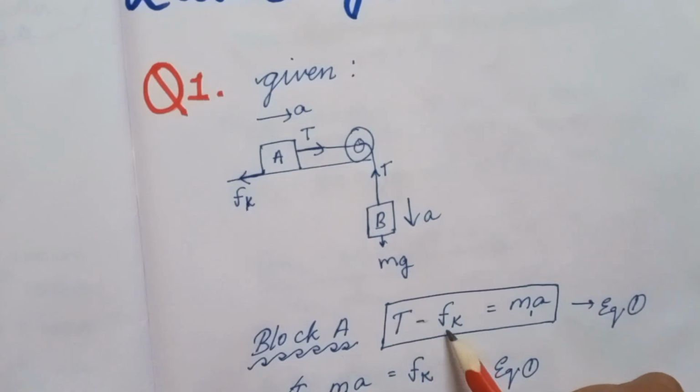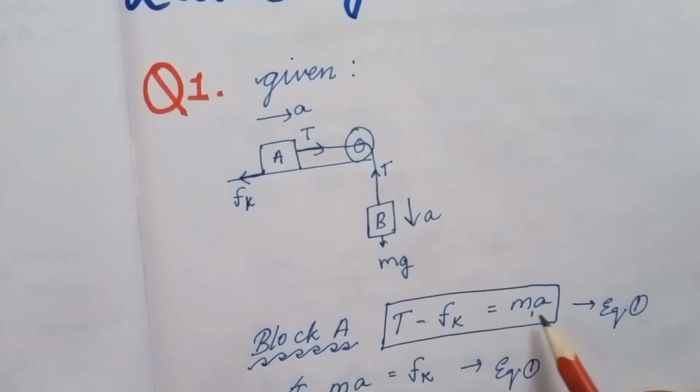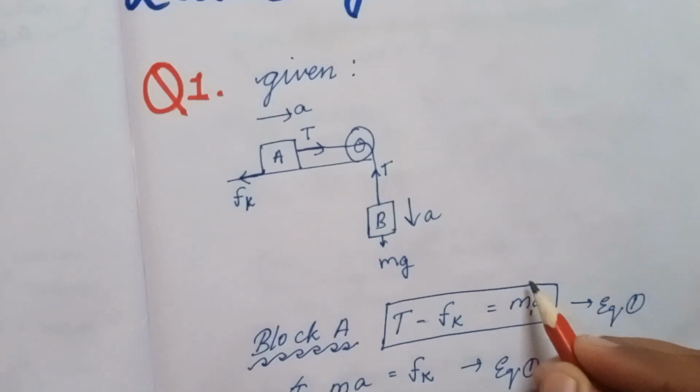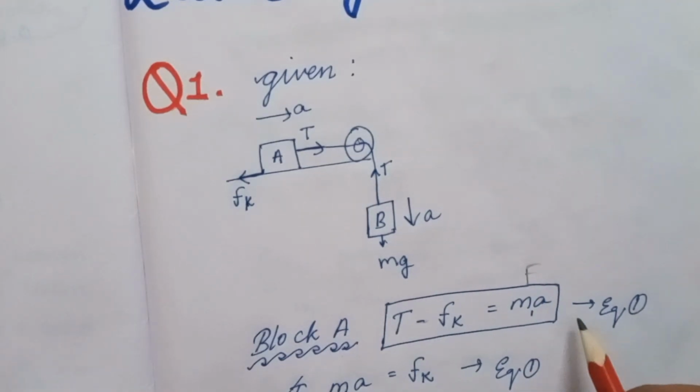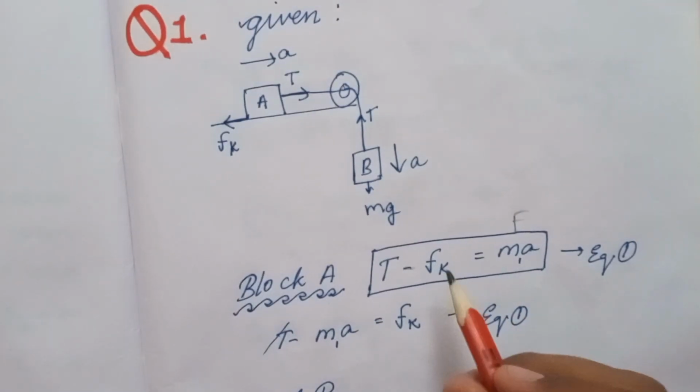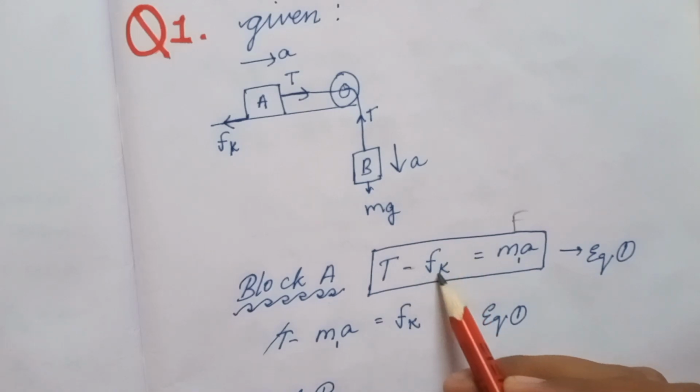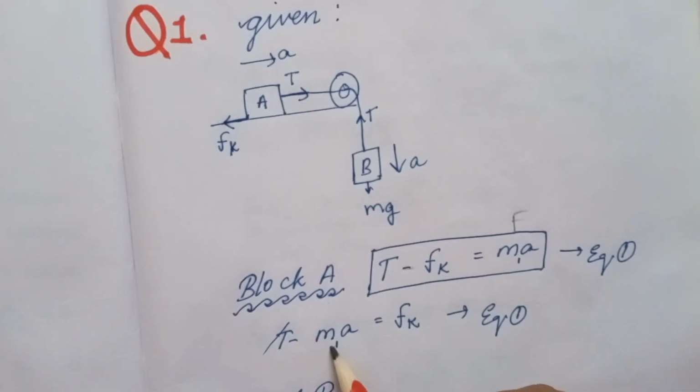T minus kinetic friction is equal to ma. Ma means net force. From here we get equation 1. We bring the kinetic friction to this side, so T minus ma is equal to kinetic friction. So this is equation 1.